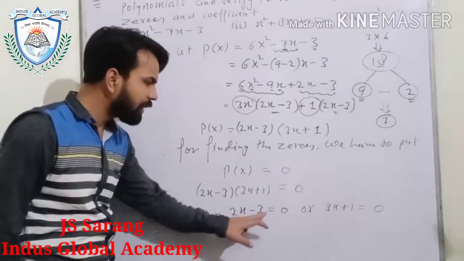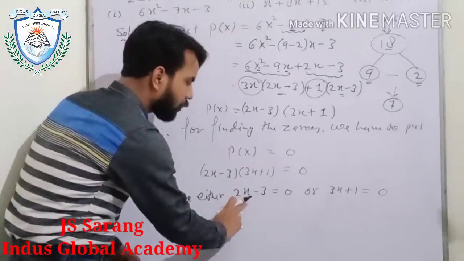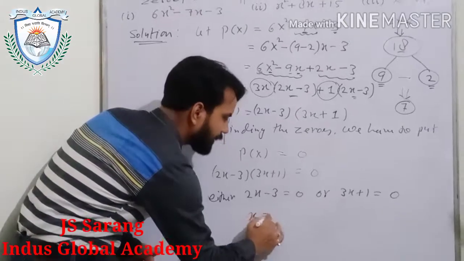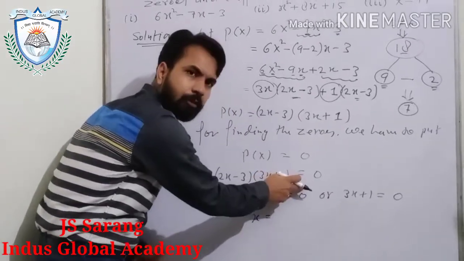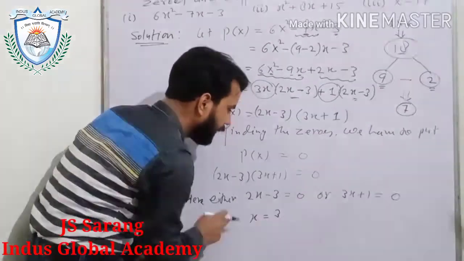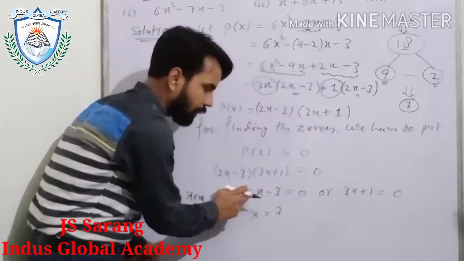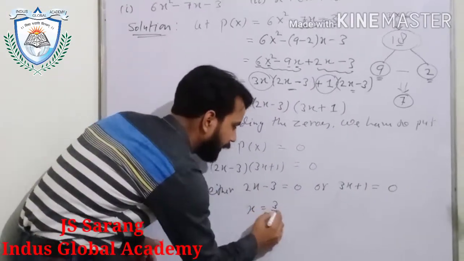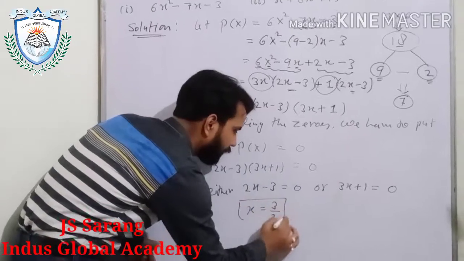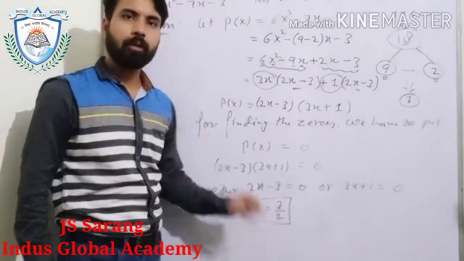But if 2x minus 3 equal to 0, then what will be the value of x here? X is equal to, this minus 3 will be shifted to the right hand side, so it will be positive 3, and this 2 is in multiplication with x, so it will go into division. So the very first value of x will be 3 upon 2.